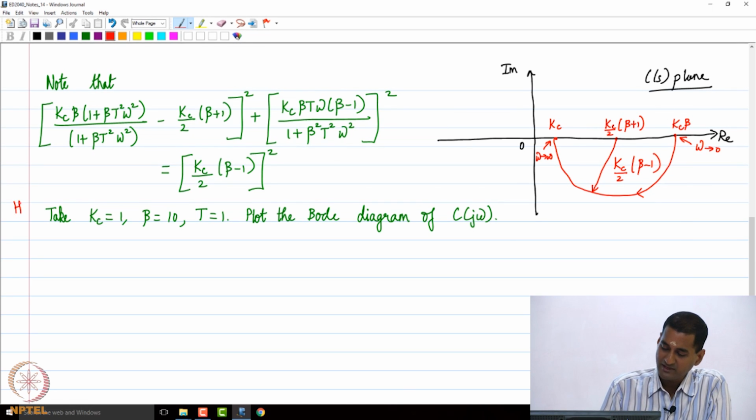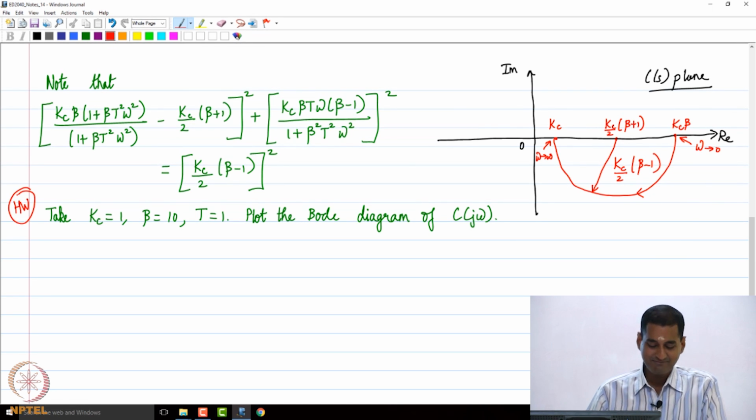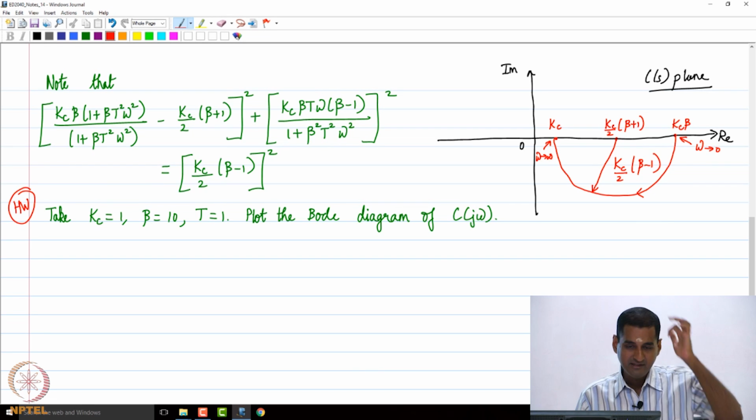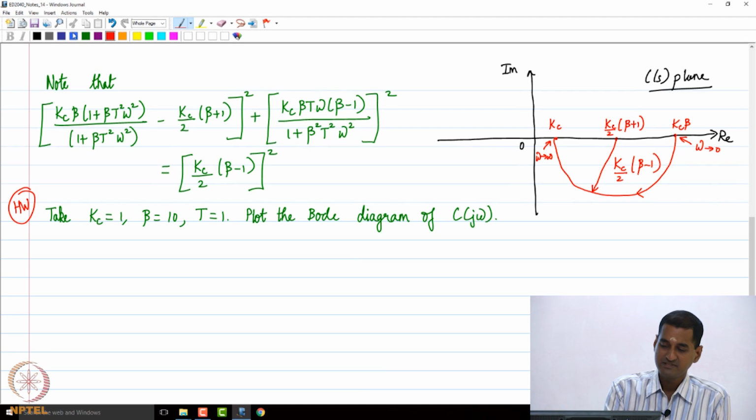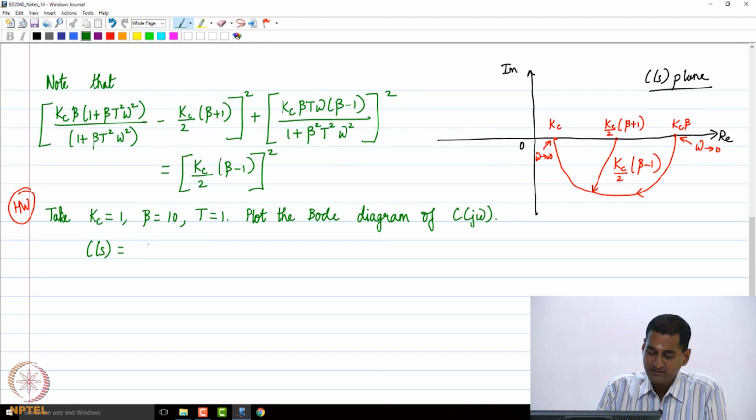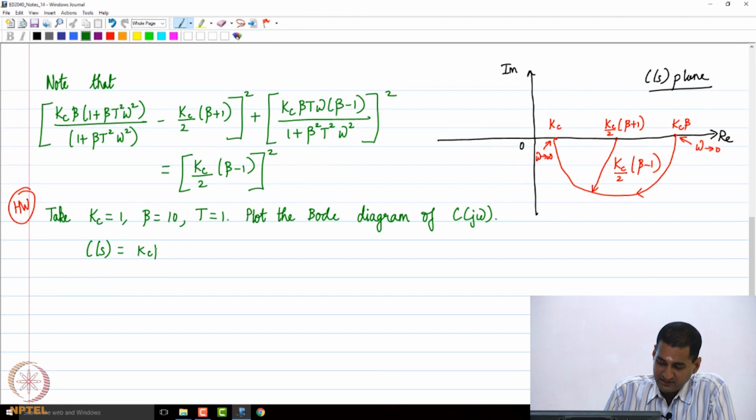That is the first exercise. Of course, I am going to give you the answer so that we can discuss some concepts. I am sure by now all of us know how to plot these diagrams. If I plug in these parameters, what is going to happen to C of S? Please note that the transfer function for the lag compensator is Kc beta times (Ts plus 1) divided by (beta Ts plus 1).